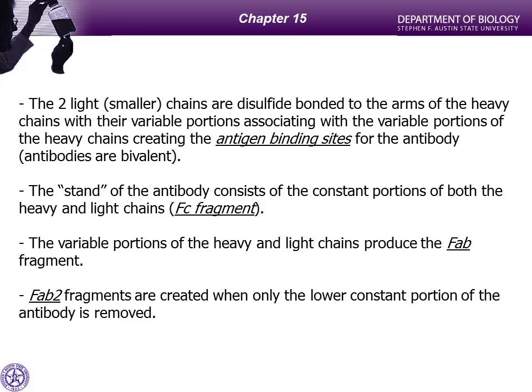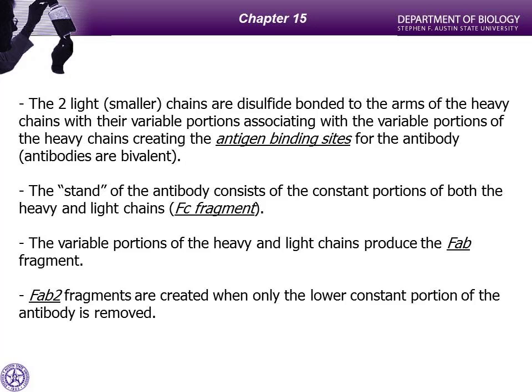And we can designate these either the FAB or the FAB2 fragment. And we can illustrate them here. Here's our constant fragment. And if we use enzymes just to cut off the ends, just to cut off the variable regions, we will have 2 independent molecules that can bind but can't cross-link materials together.